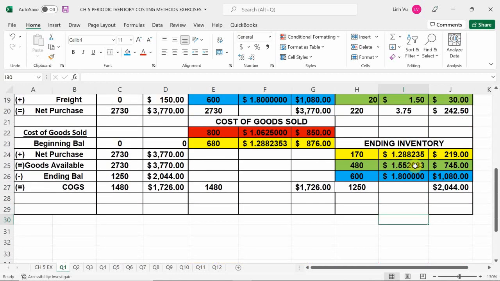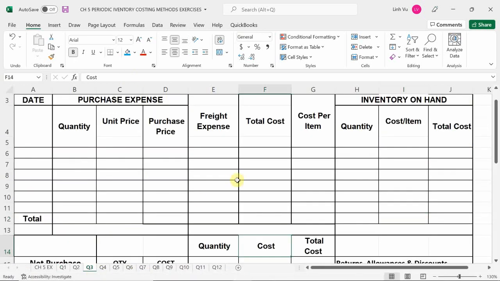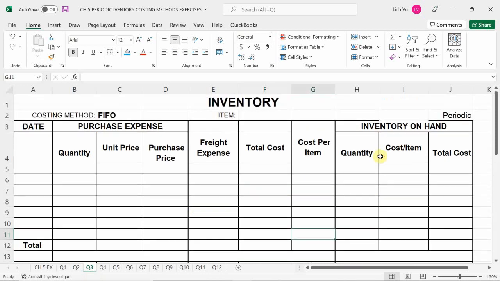This is what we're going to carry over to my inventory worksheet. So I got 170, 480, and 600. I'm going to carry that over into question number 3, right here, under my inventory on hand: 170, 480, and 600.